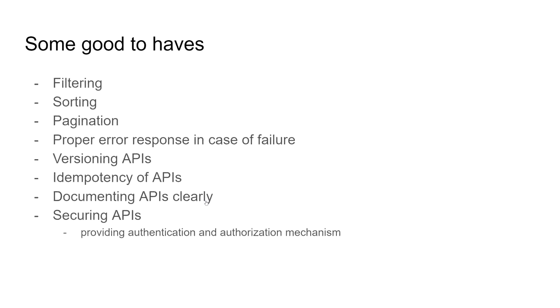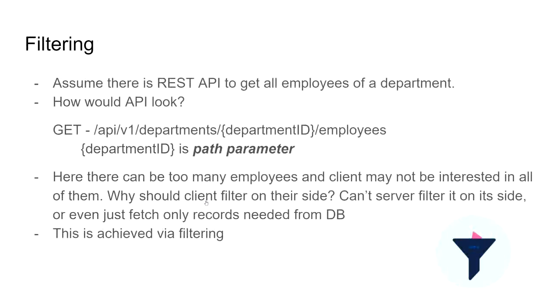Let's see others in more detail, like filtering. So you have many entities in your system. You have many parameters, but you want the capability to filter the resources, right? So for example, you have an API here where you can get employees.